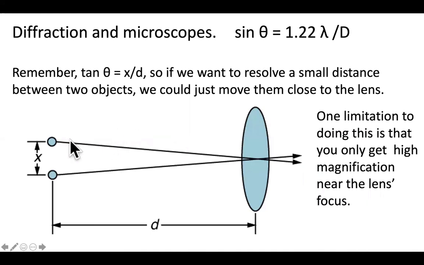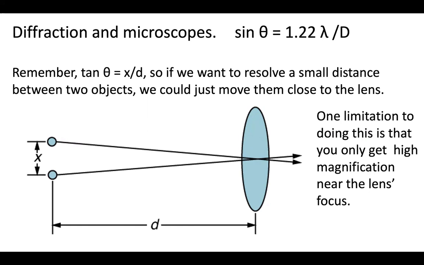So if we want to see a small x, we can just make theta bigger by moving the objects closer to the lens. That's what you do. But this limitation still creeps in.